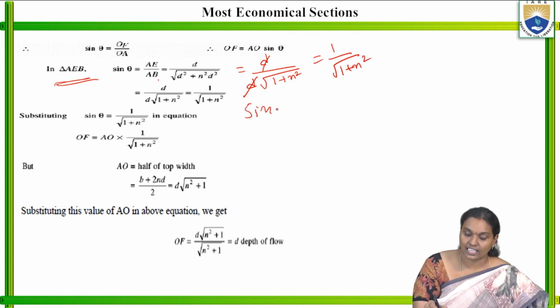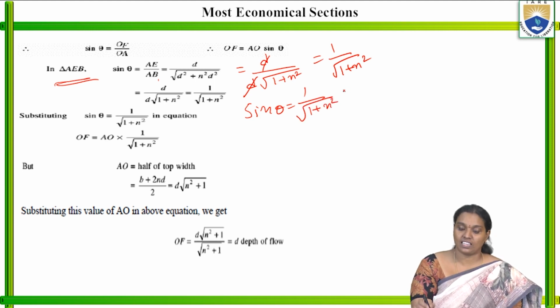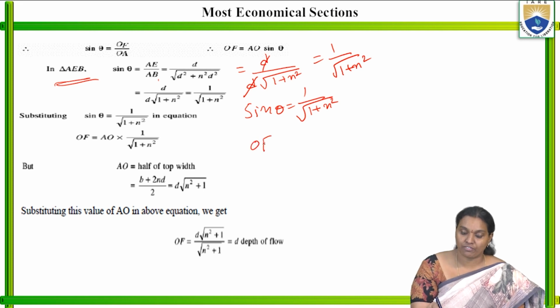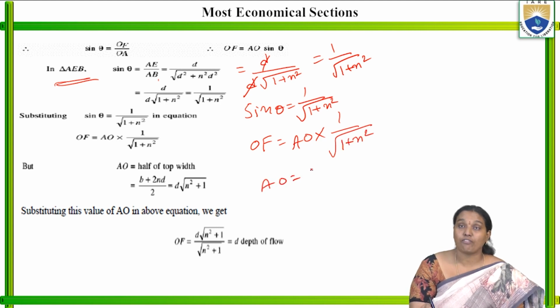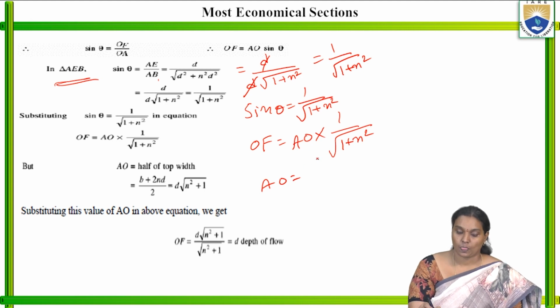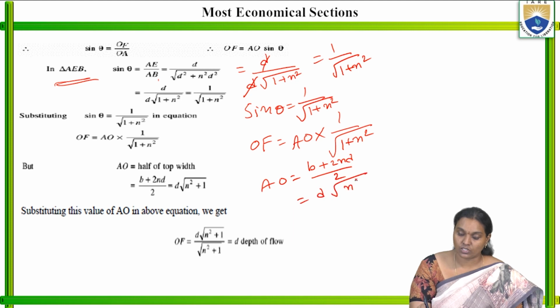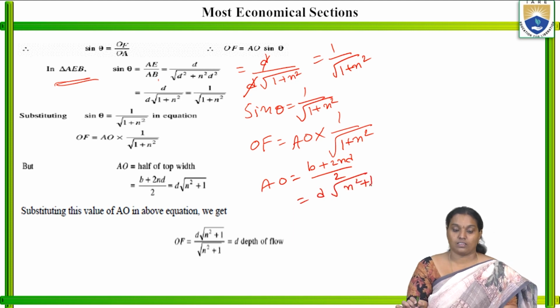Substituting sin theta is equal to 1 by root of 1 plus N square in the equation, OF is equal to AO into sin theta. AO is equal to half of the top width, that is B plus 2ND by 2, which is equal to D root N square plus 1.